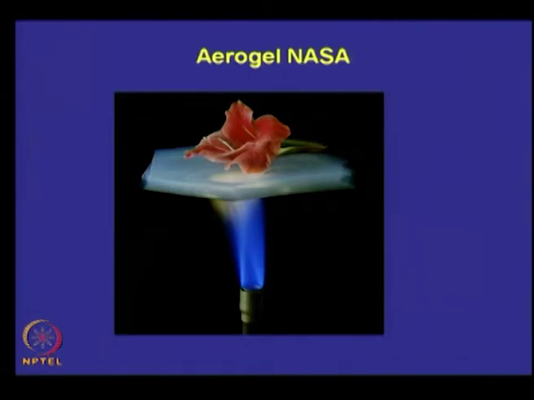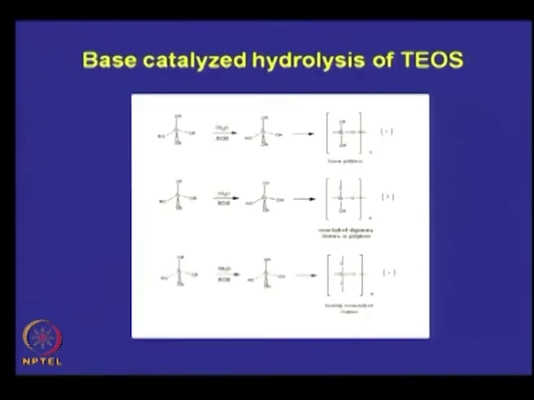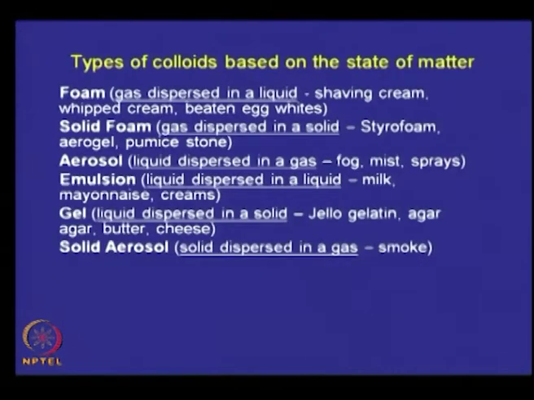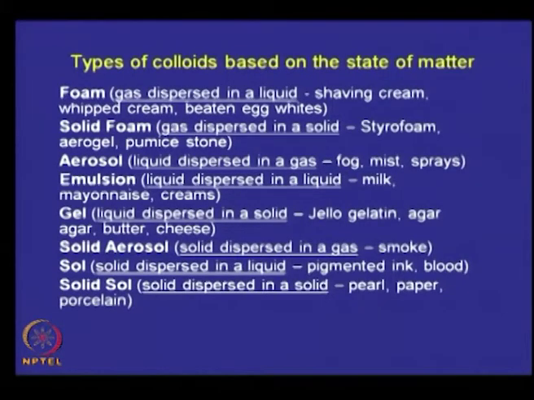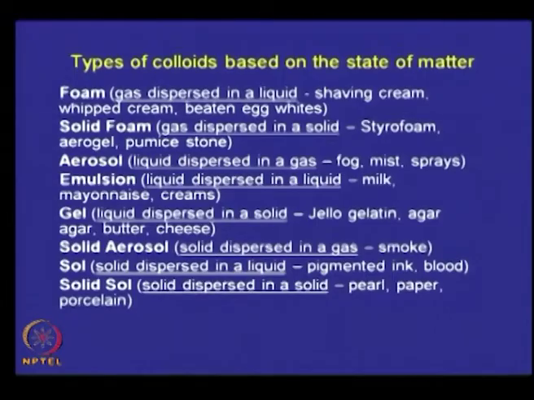Aerogels are masses where I had told you much earlier that it is solid foam. I had said gas dispersed in a solid. Under solid foams, I had written the term aerogel.